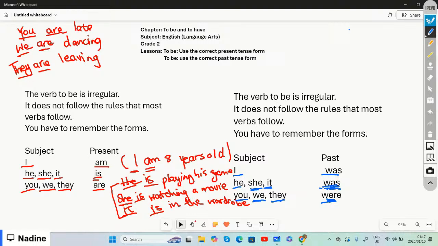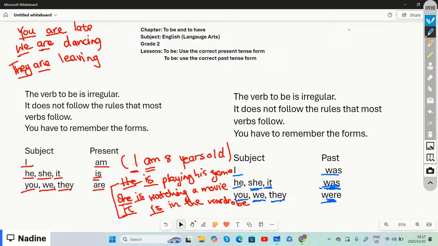So we say that in the present tense, when we make mention of I, then we say I am. If we make mention of he, she, or it, then we say he, she, or it is. And if we make mention of you, we, or they, then we say are.